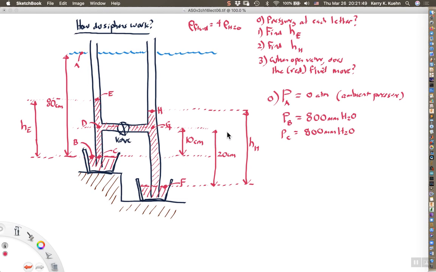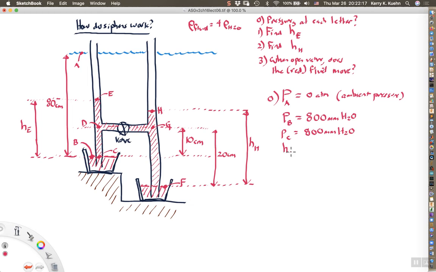Okay. By the way, that is going to give us a way of figuring out what the height of this is. After all, if this has the weight of 800 millimeters of water, and this fluid has 4 times the density of water, then we know right away h_E is going to be, so this is the height at point E. Oops, I'm using the wrong notation.